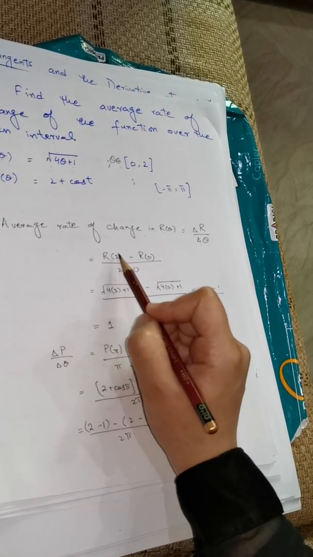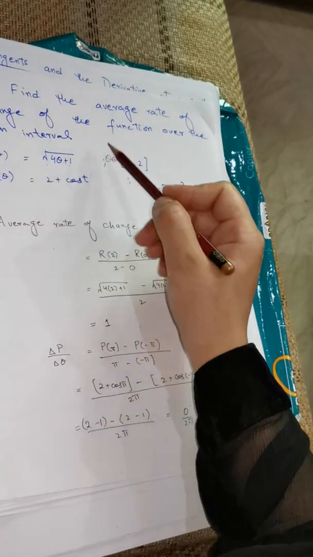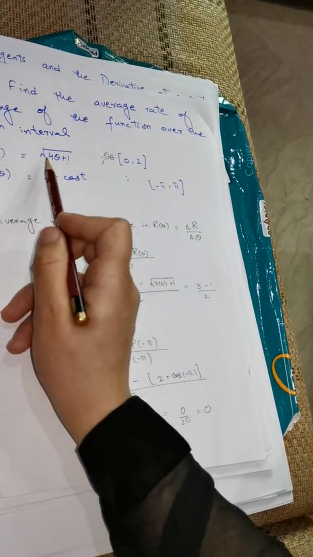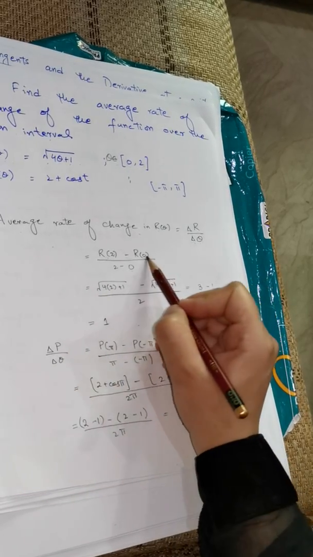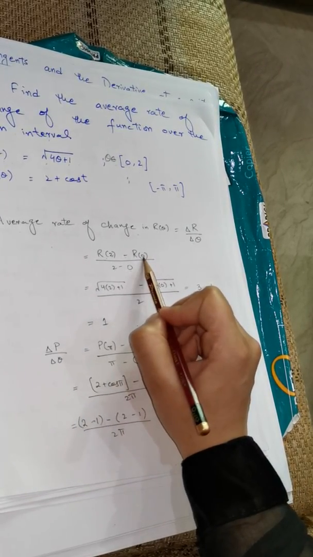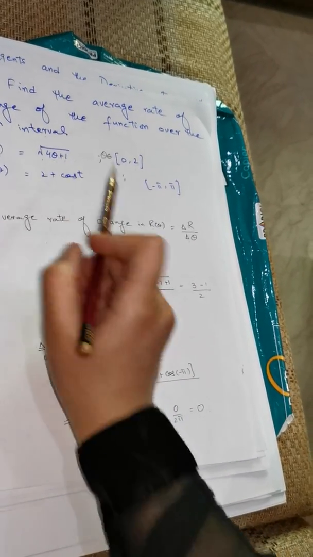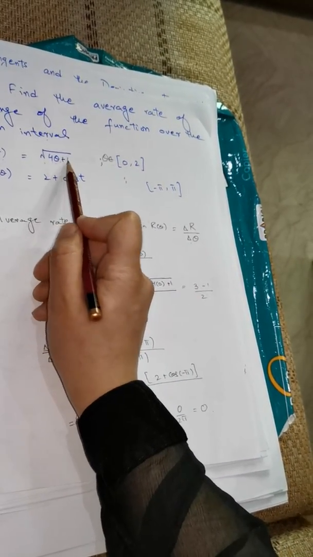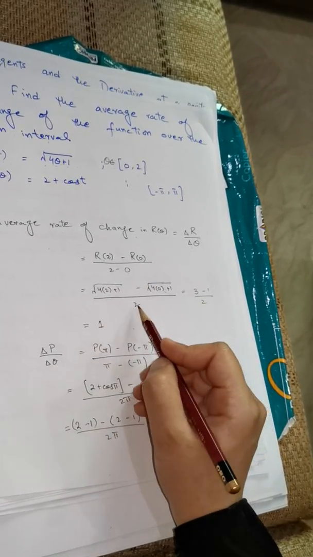Simply we put the value 2 in place of theta in the given formula through which r is defined. So square root of 4 times 2 plus 1, and r of 0 is simply placing 0 where theta is in the formula: 4 times 0 plus 1. Divided by 2 minus 0, which is 2.